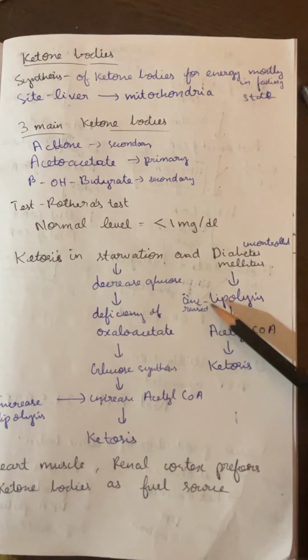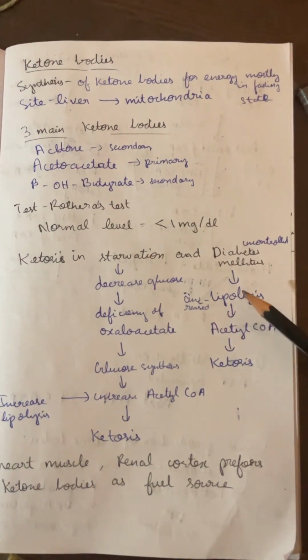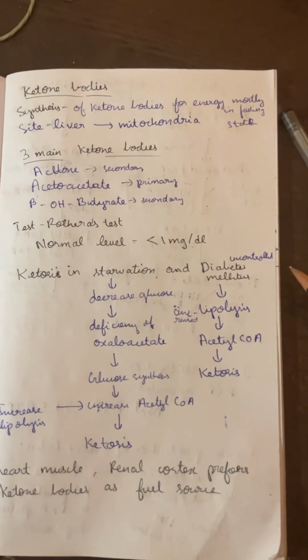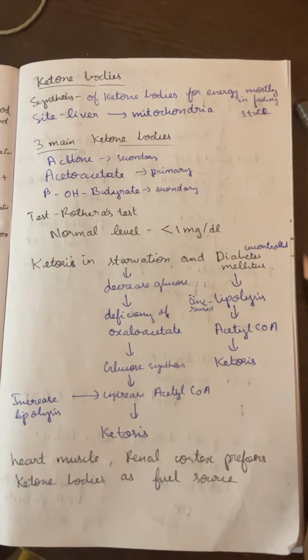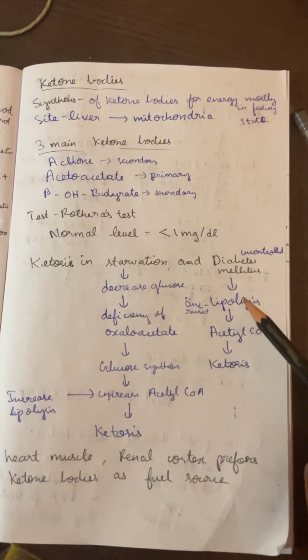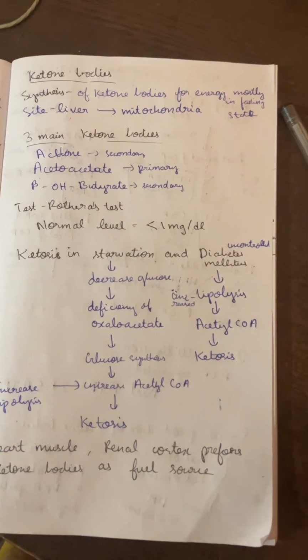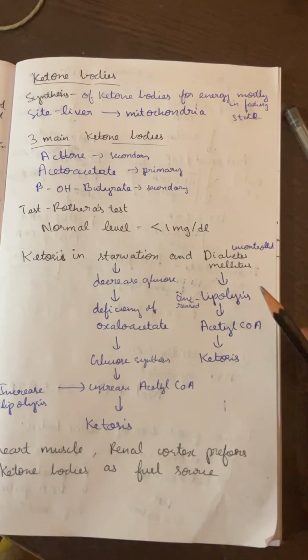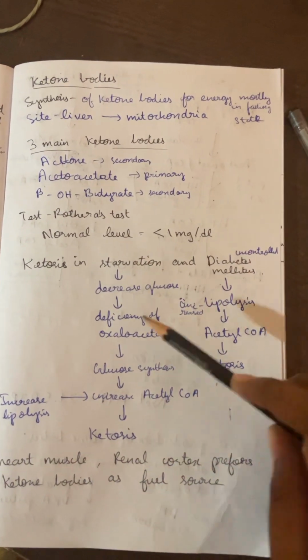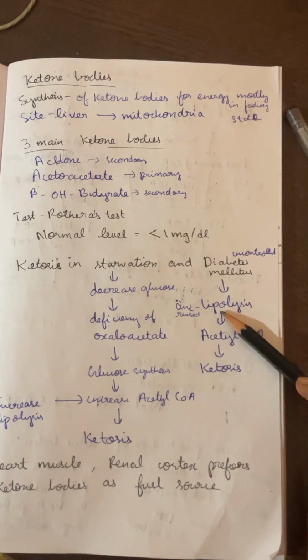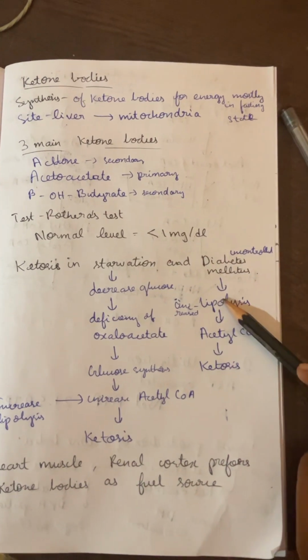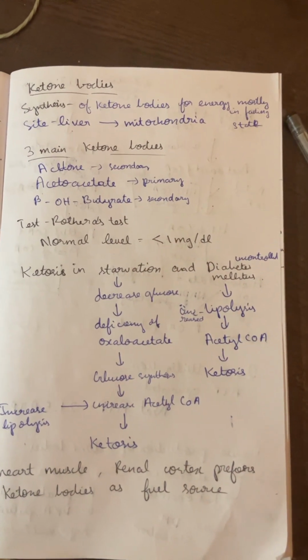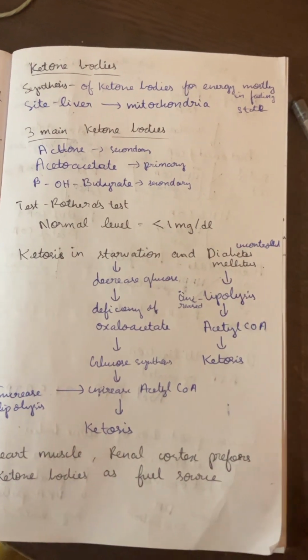So now lipolysis increases in the body because glucose is in excess, but the body is unable to utilize it. So now the body thinks it is in a state like starvation, that there is no glucose in the body. So now it is going to break down the lipids which were there already. Now it will use that for energy.